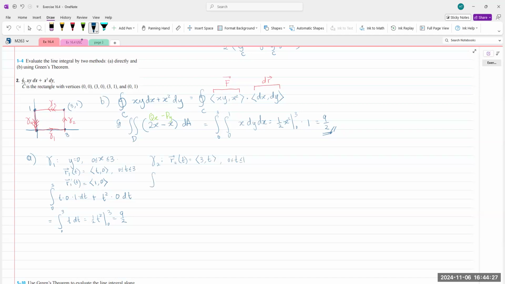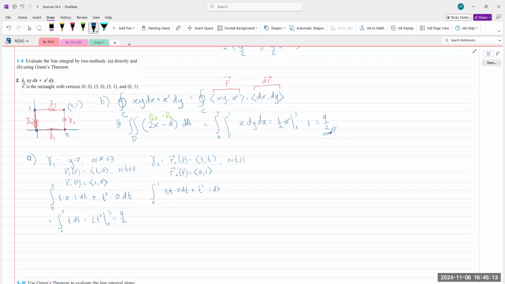The integral over that path becomes the integral from 0 to 1 of xy dx, which is 0 dt, plus x squared dy, where x squared is t squared... dy is 1 dt.